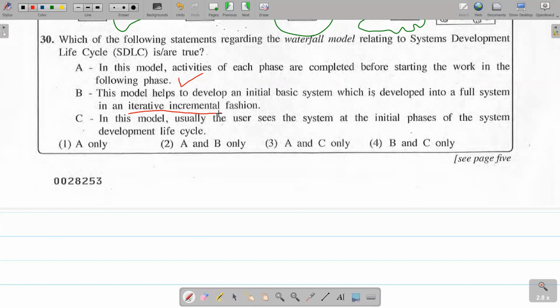And C, in this model, usually the user sees the system at the initial phases. No, the user does not see the system at the initial phase. They are going to see the system at the very last point, right? So only A is correct. Right. 30th is done.